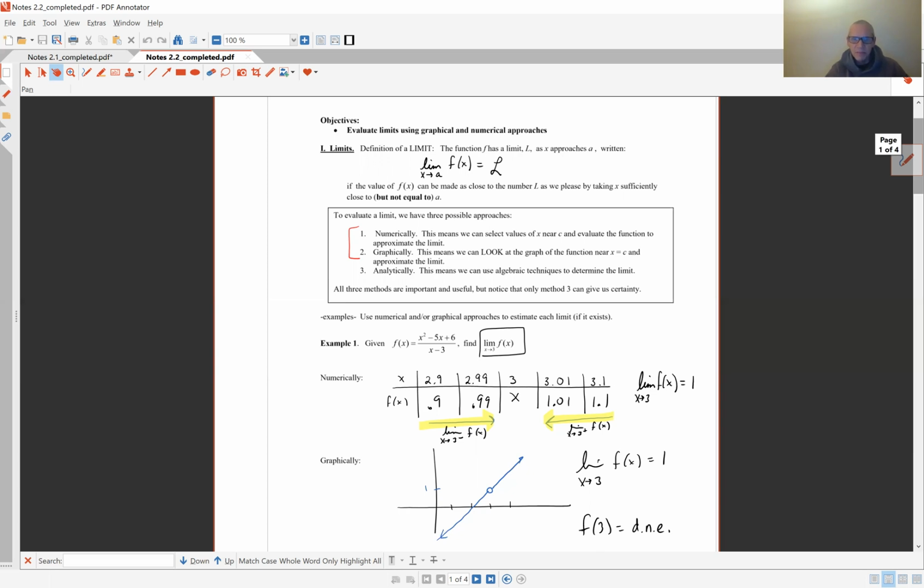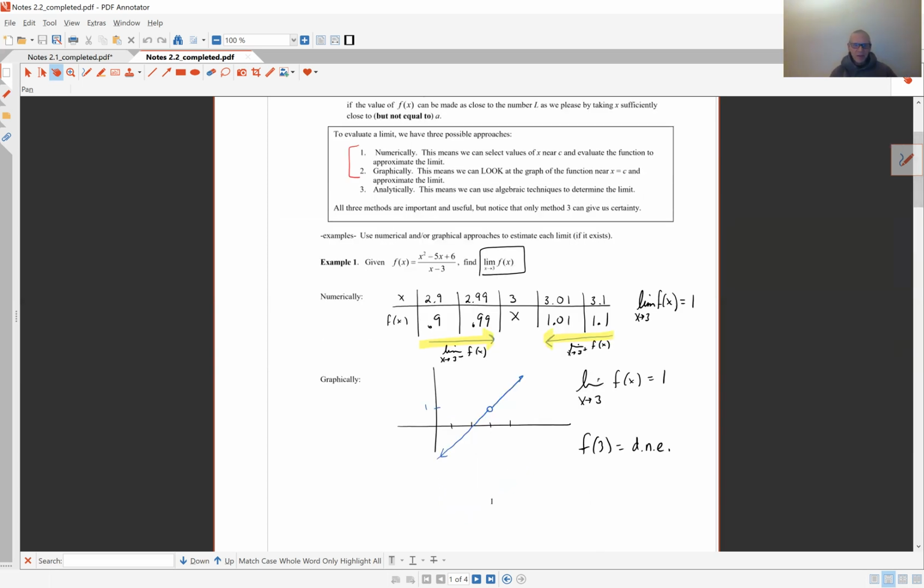Graphically, if you can see the graph on the bottom of page 1, it's a straight line, except it looks like there's a hole in it at x equal to 3. If we approach 3 from the left, starting from the origin and going towards 3, the value is going to be 1.